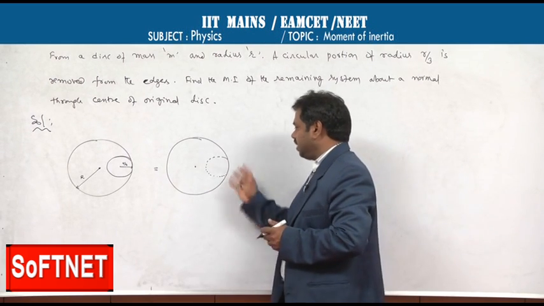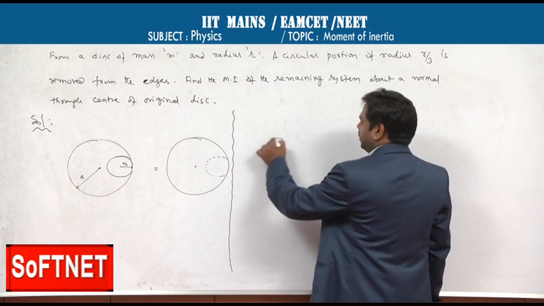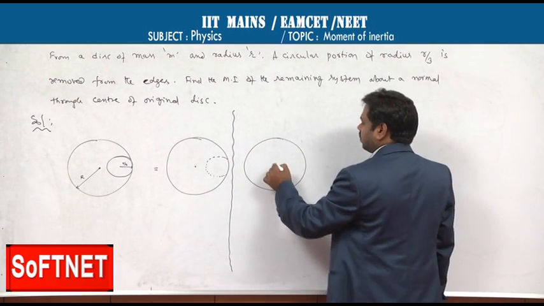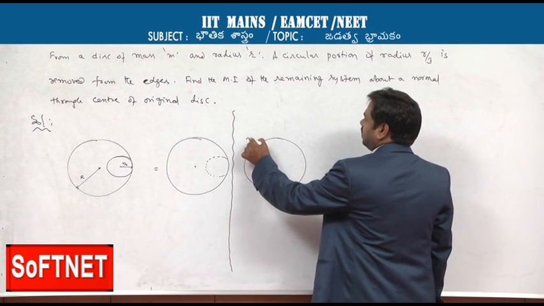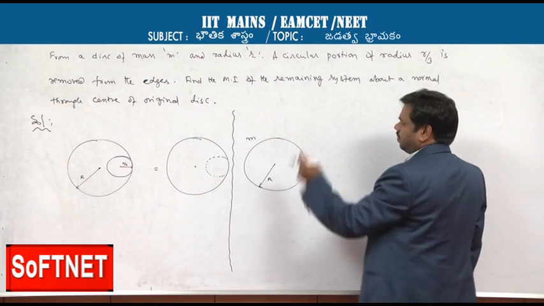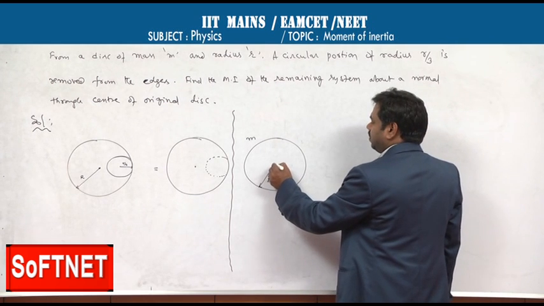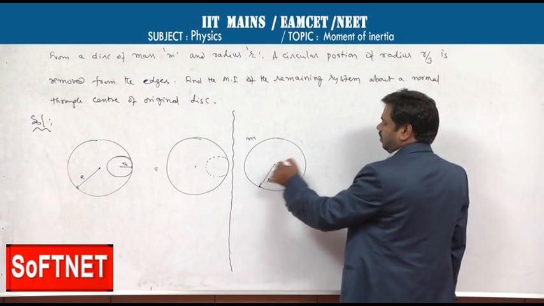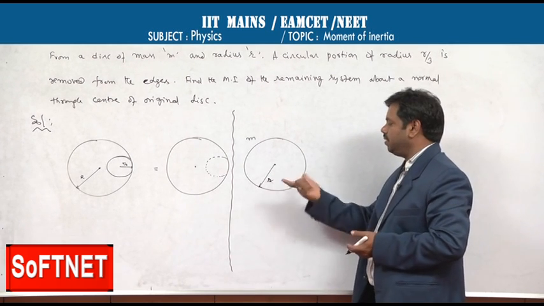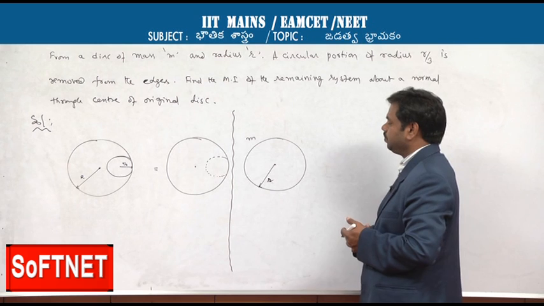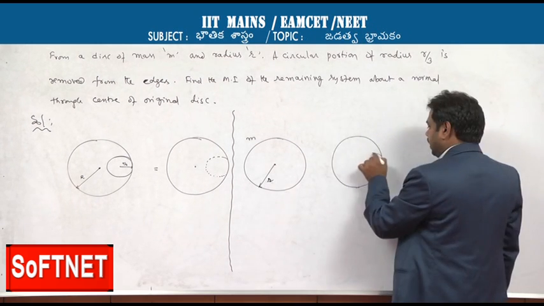Actually this can be found by using this method. This is the original disk. Capital R is the radius, mass is small m. With respect to this axis, the axis passing through the center and normal to the plane of the disk, you already know it is m r square by 2. Now you choose the remaining part.